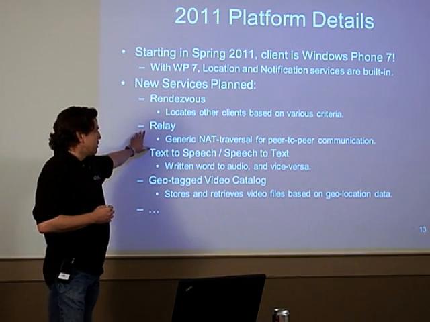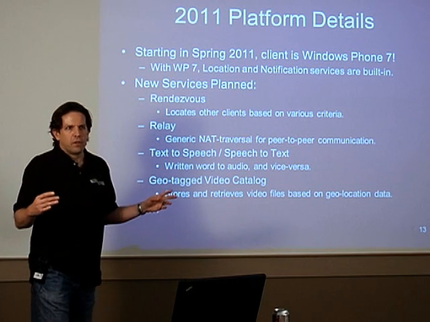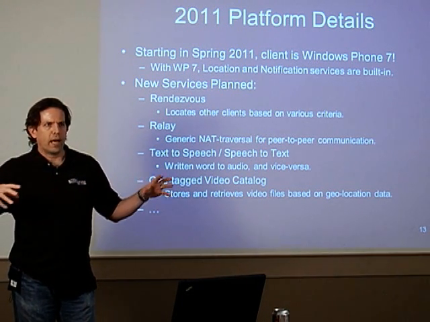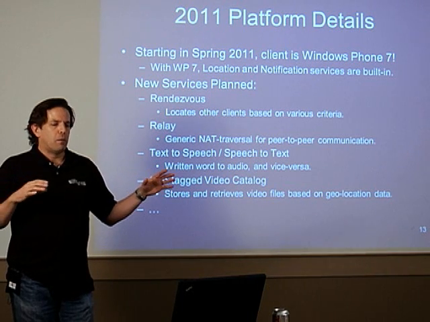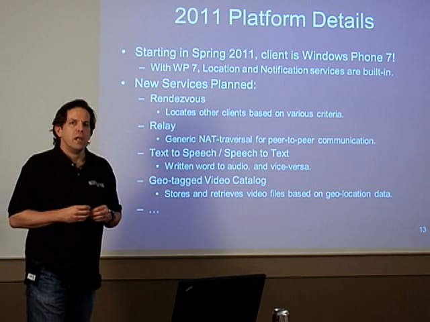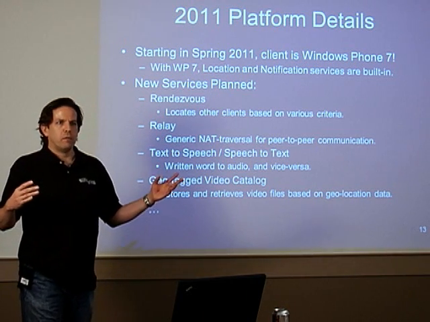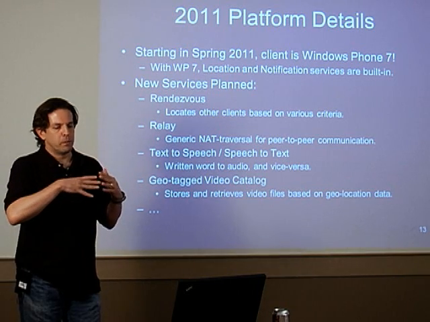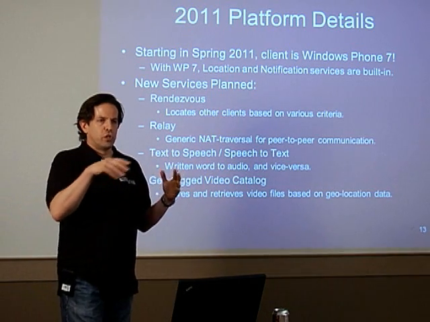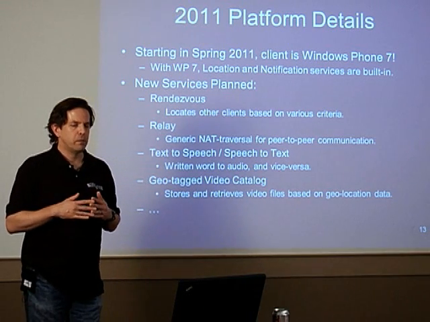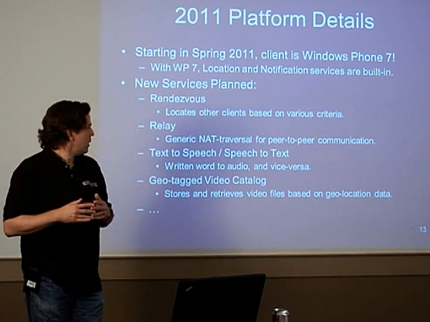A relay service, which provides for NAT traversal or other mobile tracking sort of. A problem with mobile clients is they don't generally have fixed IP addresses, and so you need some way for them to be able to find, or actually when you're doing peer-to-peer, to exchange things between the 2, because you can't usually create a direct connection between the 2 clients.